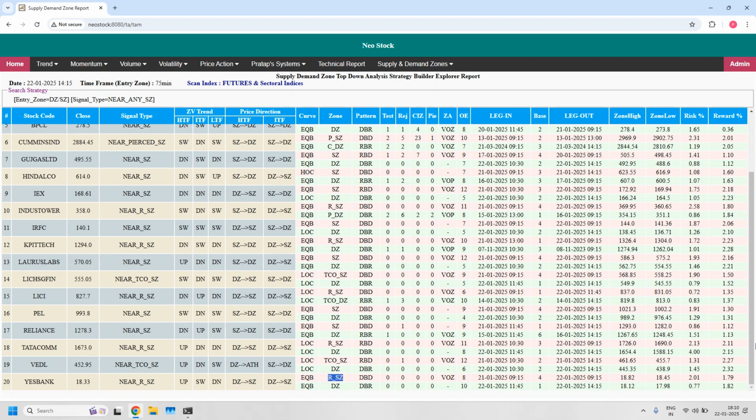So total 6 high liquidity 75-minute supply zones we identified from this list. So this is about high liquidity zones.